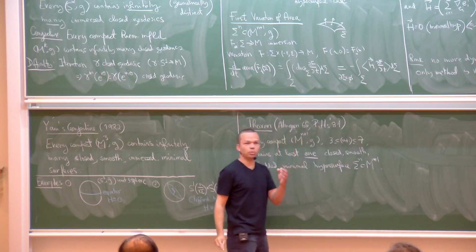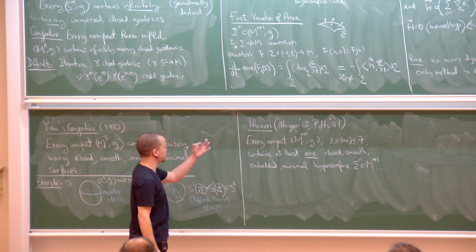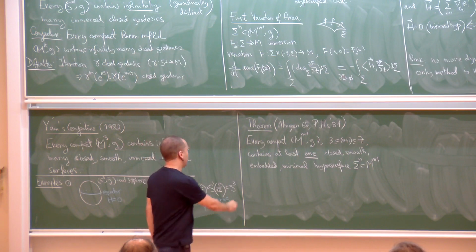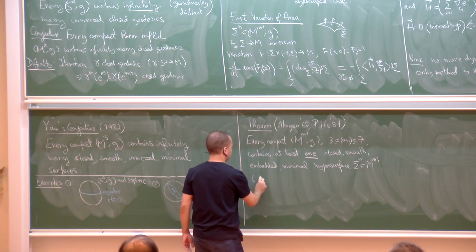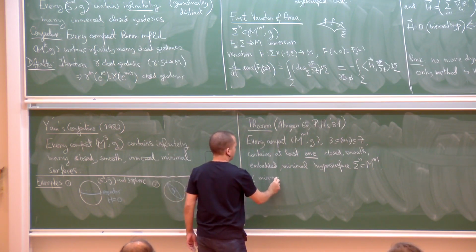So there is always at least one. This was the best result until very recently. And this surface is constructed by min-max methods.